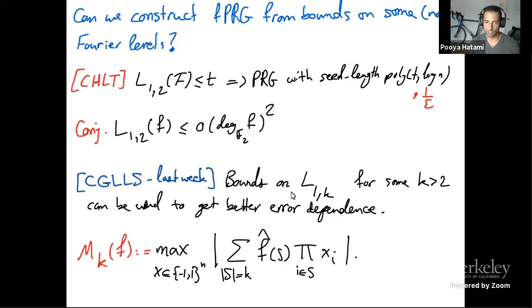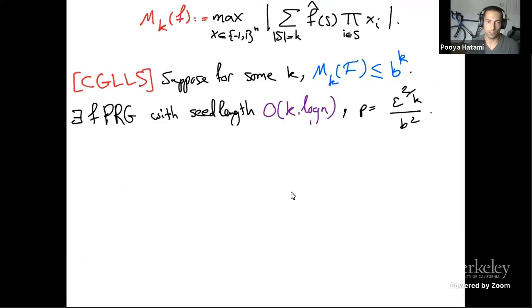This is potentially much easier to prove bounds for because you can have all sorts of cancellations happening before you take the absolute value. So obviously m_k of f is bounded by L1_k of f, but this could potentially be much smaller.